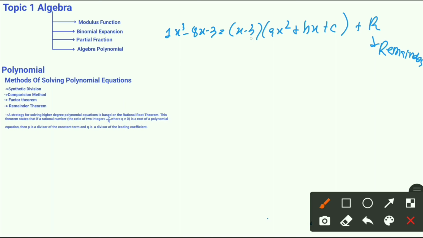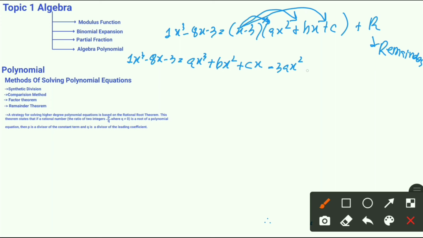Now we're going to expand this, there's a multiplication between these, and then we compare it to one another. 1x cube minus 8x minus 3 equals x multiplied by each term: ax cube plus bx square plus cx, then minus 3 will multiply to each one of them, so minus 3ax square minus 3bx and minus 3c.